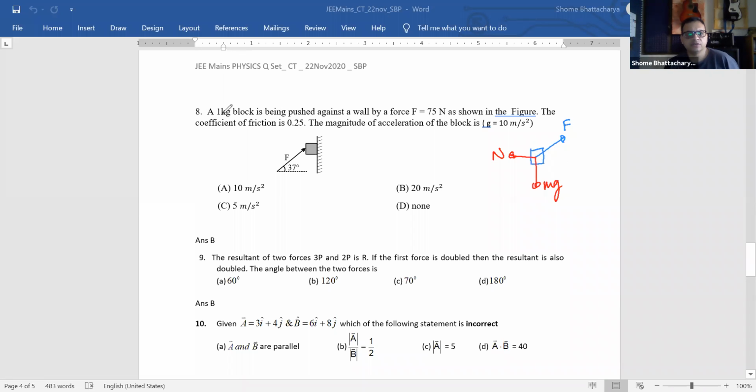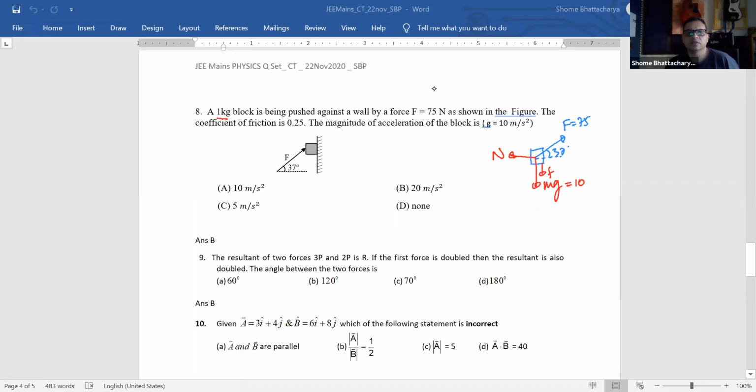So you can see the weight of the block is only 10 newtons. Okay. Whereas this force is a lot more. It is 75 newtons acting at an angle of 37. So when you break it into components, you can see that this will exceed this. So your friction will be acting like this over here.